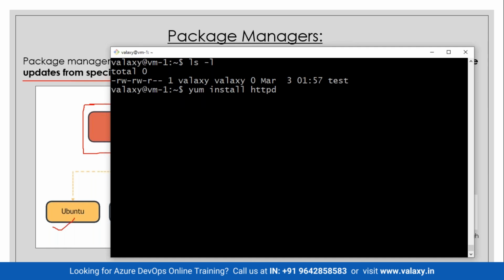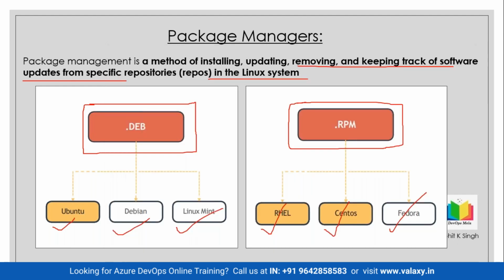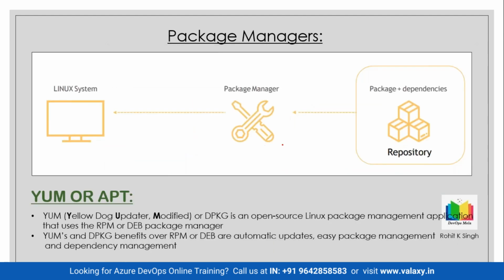Now if you download any packages using RPM or Debian, let me show you the package flow first. If you install any packages using RPM or Debian, the biggest problem you have with them is that they don't maintain dependency.